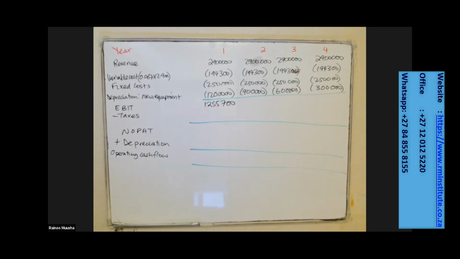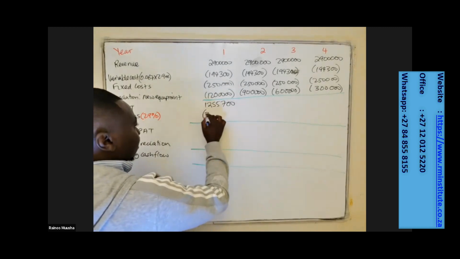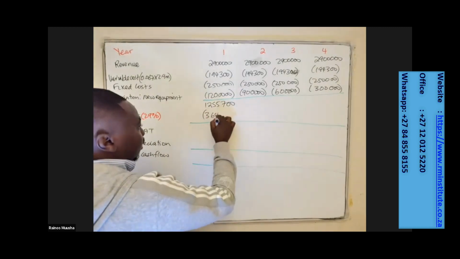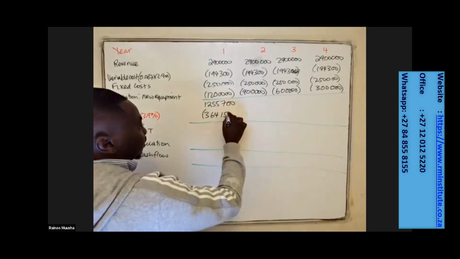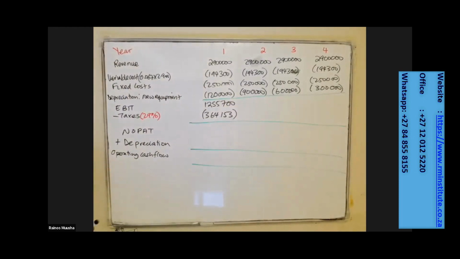Then remember, they tell us that the tax rate is going to be equal to 29%. And if the tax rate is equal to 29%, this means that 29% of that is a figure of 364,153, which is the amount of taxes that you're going to be liable to pay.